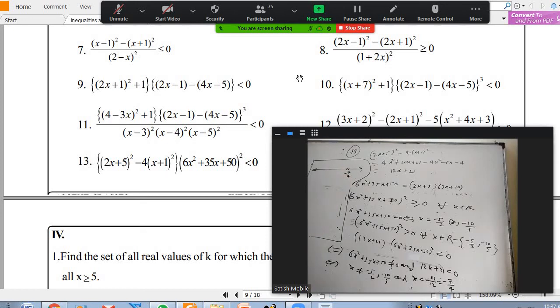Let's take all denominators as 12. This is 30, this is 40. So minus 10 by 3 is here, minus 5 by 2 is here. So the solution is less than this, but these two points are not included. So this is open, this is also open, and this is open.